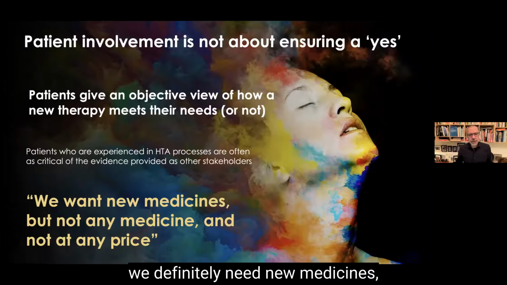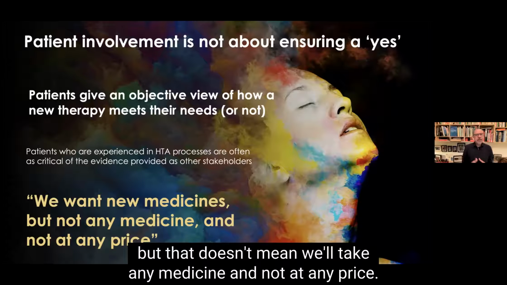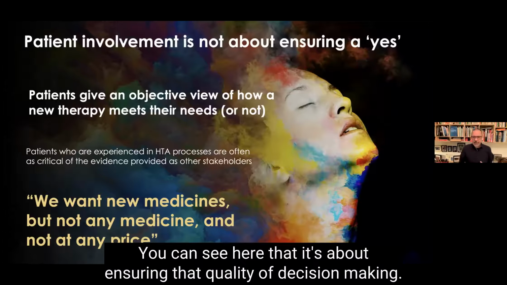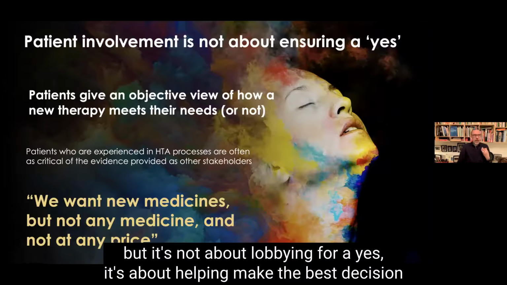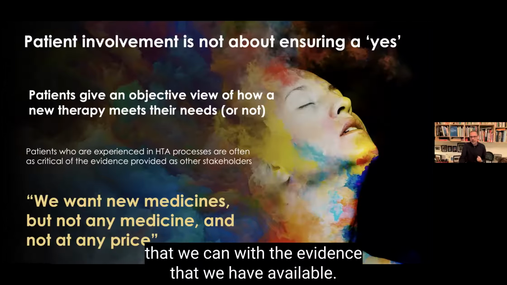We definitely need new medicines, but that doesn't mean we'll take any medicine and not at any price. So you can see here that it's about ensuring that quality of decision-making. It's important the patient perspective is included, but it's not about lobbying for a yes. It's about helping make the best decision that we can with the evidence that we have available.